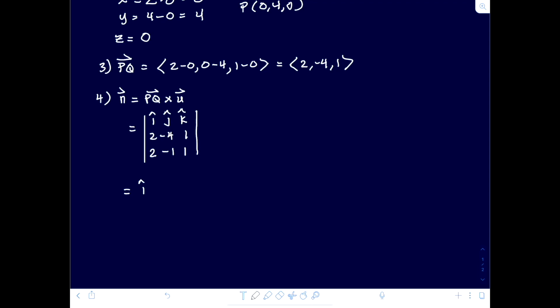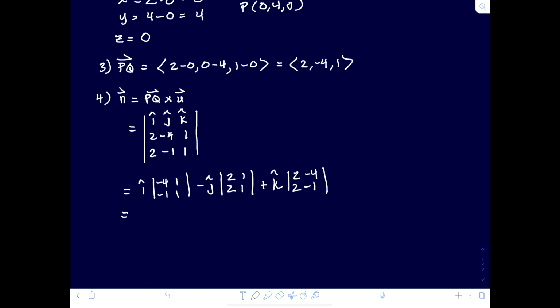All right, so then I'll expand about i, j, and k. So we'll have i times the determinant of (-4, 1; -1, 1), minus j times the determinant of (2, 1; 2, 1), plus k times the determinant of (2, -4; 2, -1).